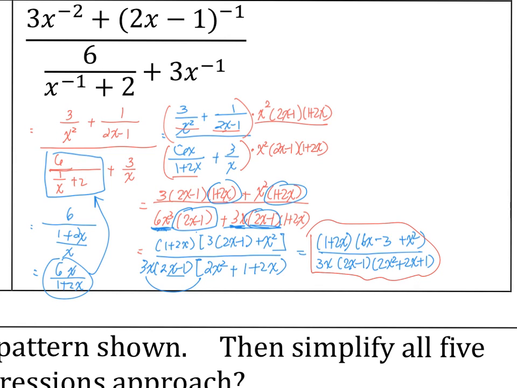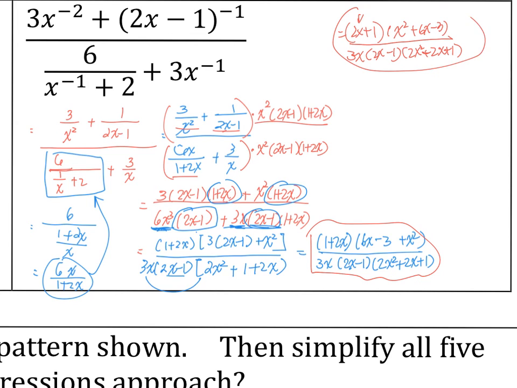So your final answer should look like this. 2x plus 1, okay, with the bigger degree first. So x squared plus 6x minus 3. And then we have 3x, 2x minus 1, 2x squared plus 2x plus 1. Now this is the answer.